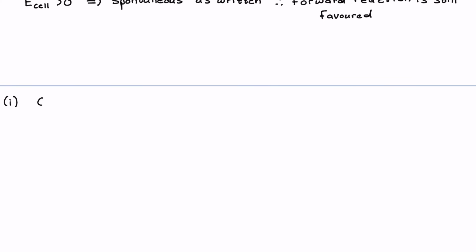So if we look at our chemical equation, we say cadmium solid reacts with nickel 2+ aqueous to form cadmium 2+ aqueous plus nickel solid.